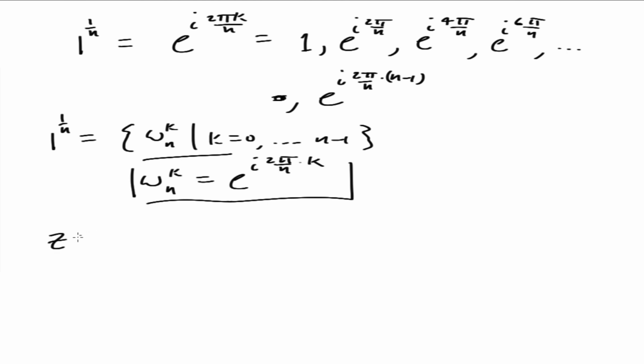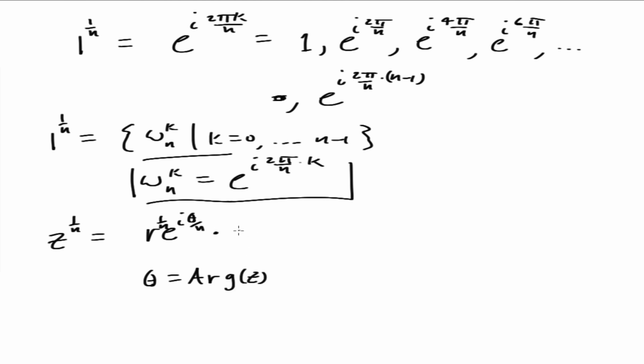If I have z and I want to take the nth root, I can write the principal root as r e to the i theta over n, to the power 1 over n, where theta is the principal argument of z.